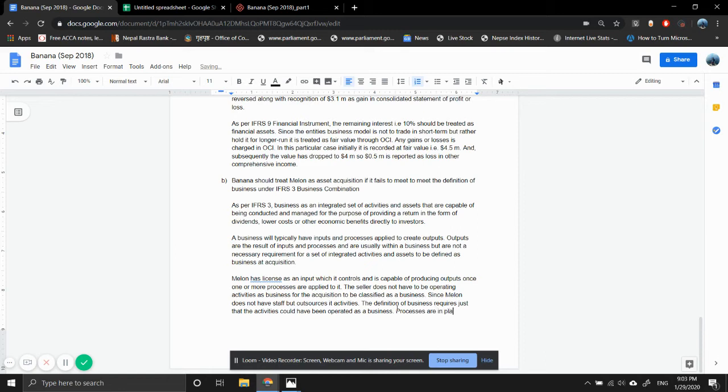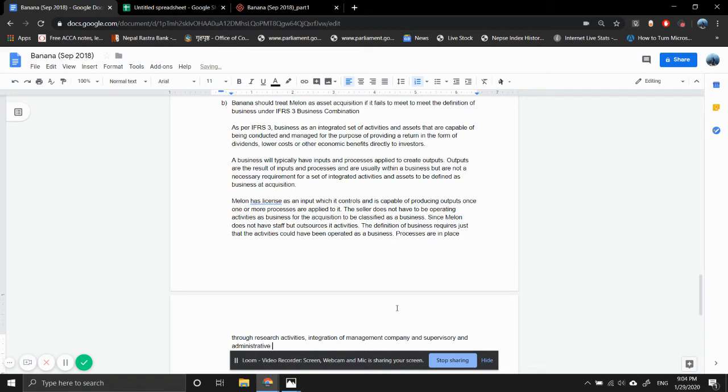Processes are in place through research activities, integration of the management company, and supervisory and administrative functions performed.